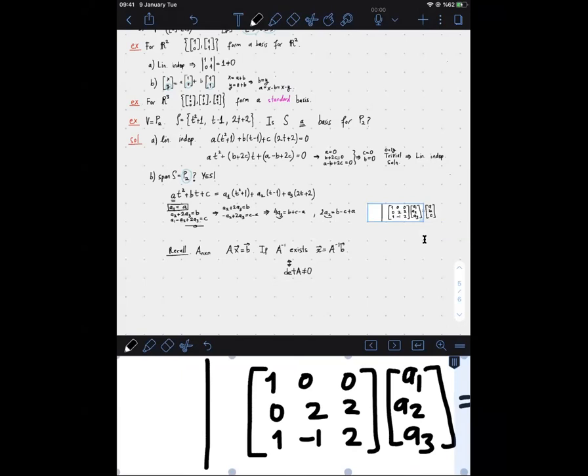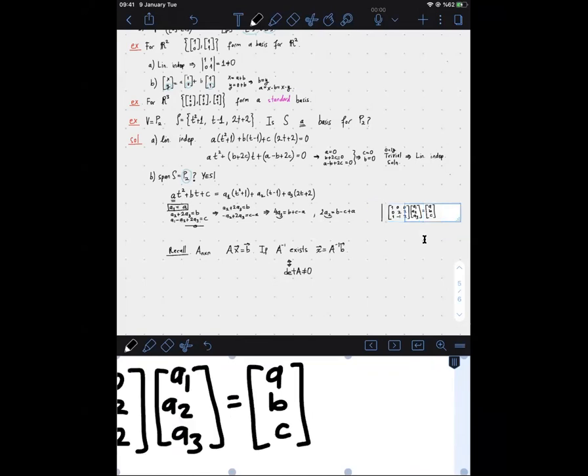We didn't really need to know what the solution is. We only wondered whether there's a solution, and the answer depends on the determinant of this matrix. If the determinant is not zero, then the answer is yes. We can solve this for any given A, B, C. If the determinant is zero, then this equation will not have a solution for some choices of A, B, C.